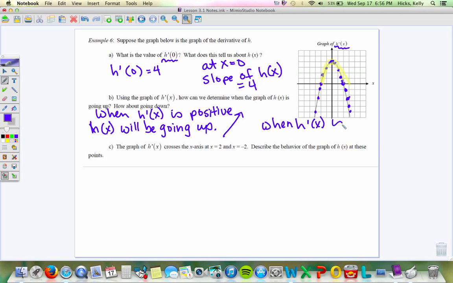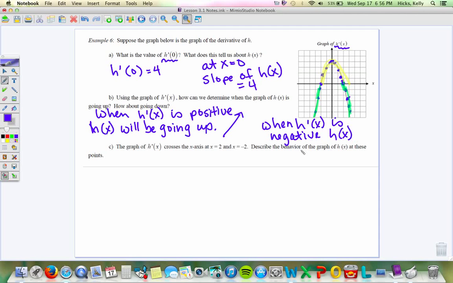Okay, and then what about when it's going down? So when h prime of x is negative, which, let's draw that. That would be all these values here, and that would be these values here.